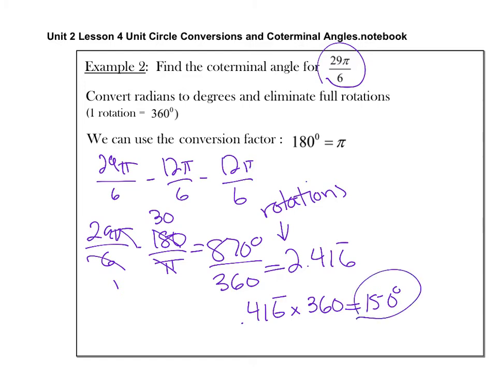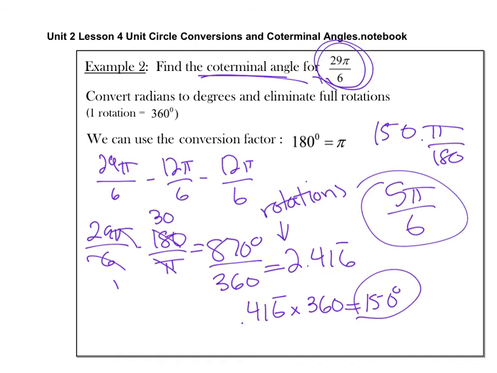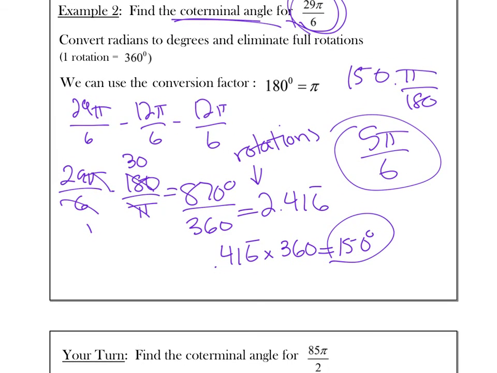So I get to 150 degrees. But now they want you to go back to radians. They gave you this in radians, you got to go back to radians. So remember, this is just going to be times pi over 180, which simplifies to 5 pi over 6. That's my answer.